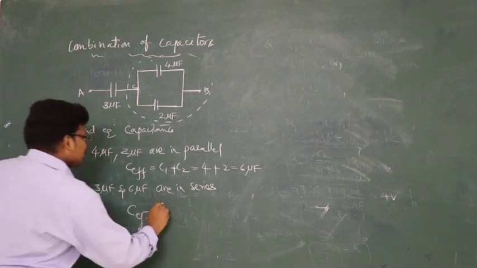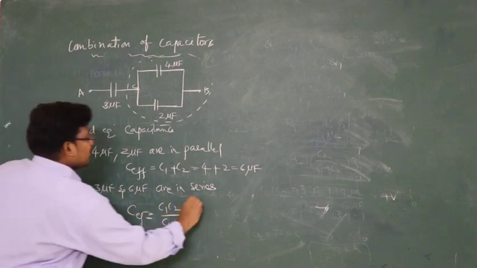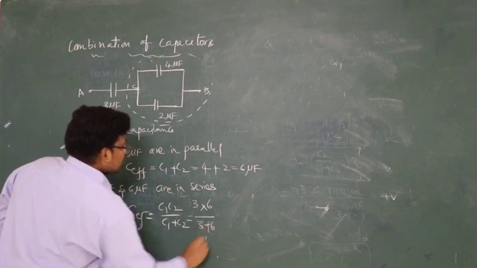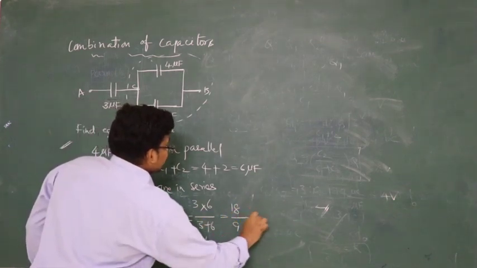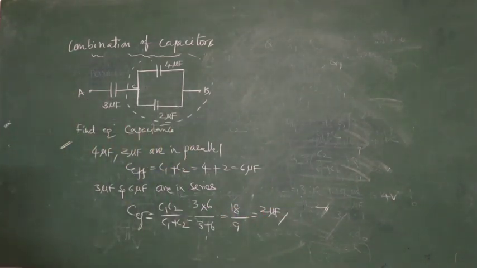Product by sum: C1 C2 by C1 plus C2. C1 is 3, C2 is 6. 3 into 6 by 3 plus 6. 3 into 6 is 18, divided by 9, so 18 by 9 is 2 microfarad. So this is how you can do the combination of capacitors.